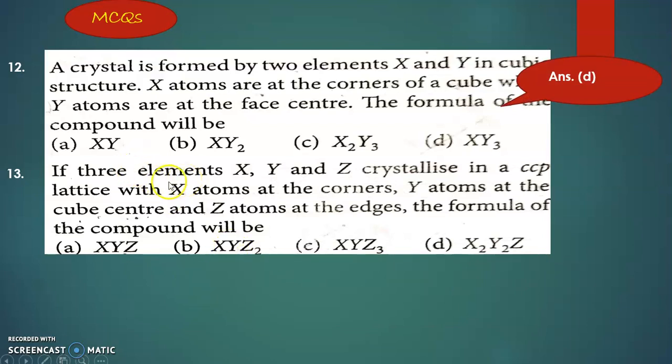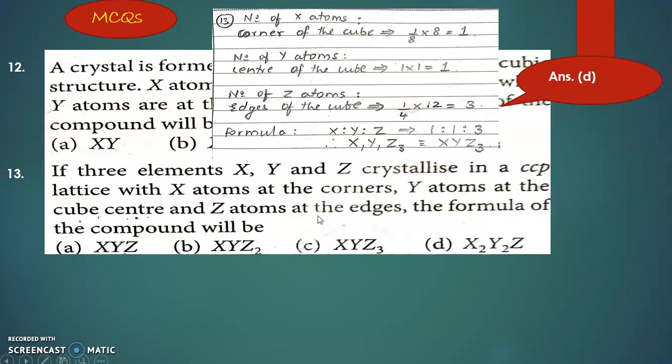The next question is, if there are three elements x, y and z which crystallize in CCP lattice with x atoms at the corners, y atoms at the cube center and z atoms at the edges, the formula of the compound would be? The x atoms are present at the corner of the cube.